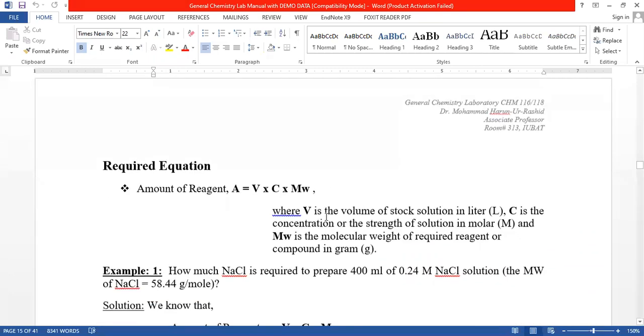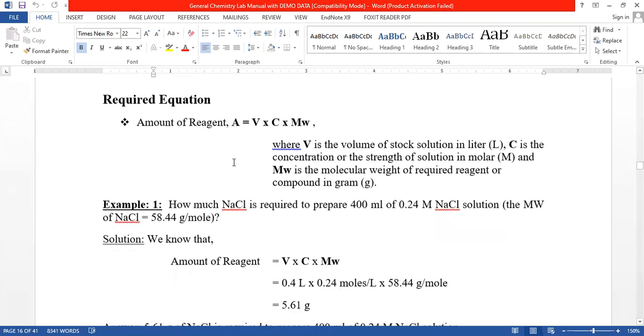One mathematical representation we can use to find out how much solute is required to prepare a certain solution having a definite concentration. The equation is something like this: amount of reagent, if that is A, would be equal to V multiplied by C and MW.